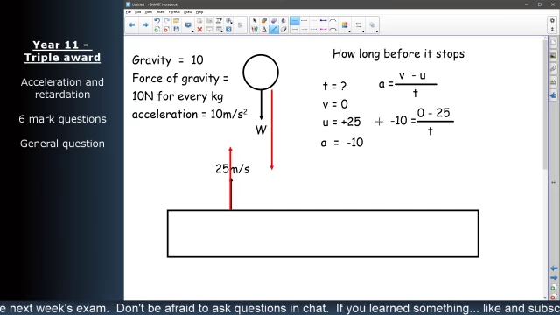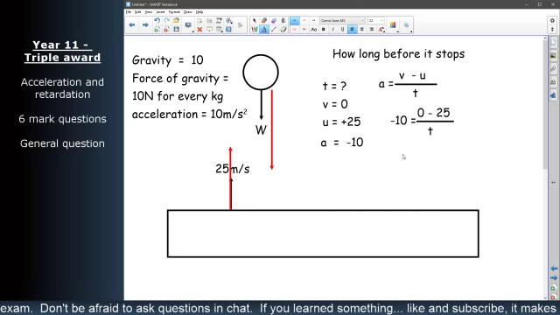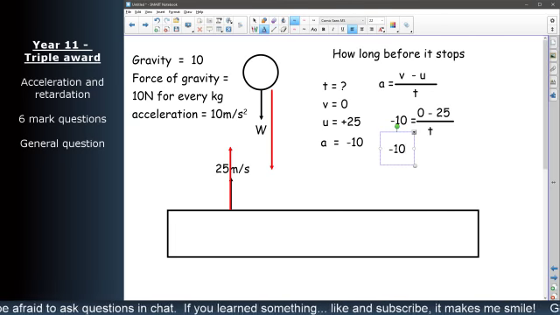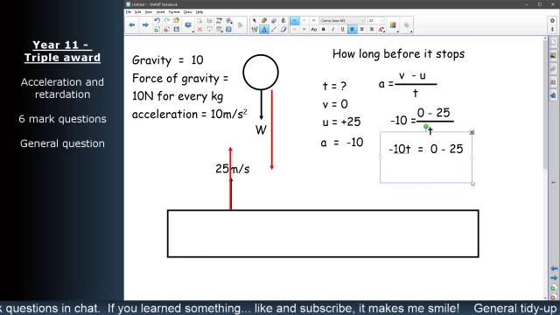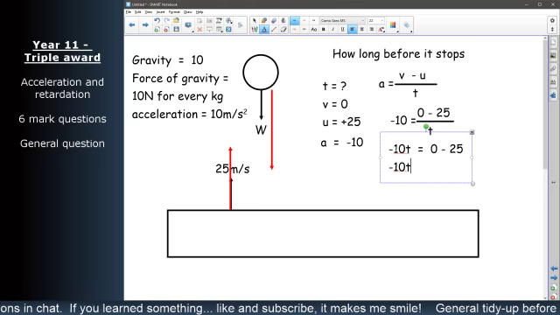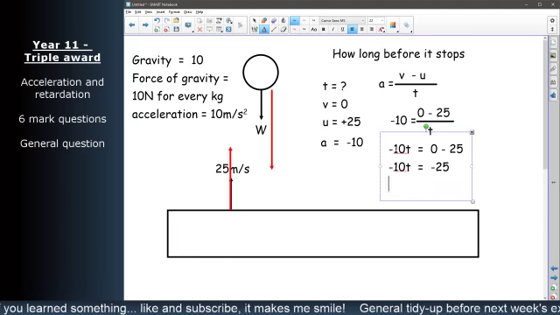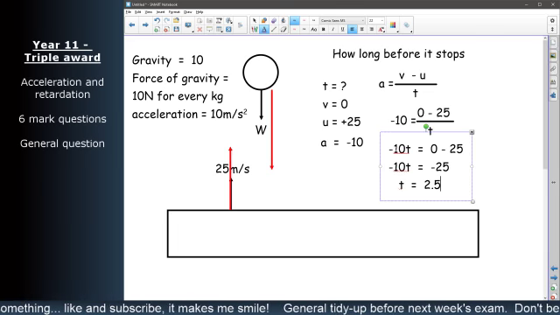We don't like the t on the bottom, so we multiply both sides of the equation by t, and that will give me minus 10t is equal to 0 take away 25. So minus 10t is equal to minus 25. Divide both sides by negative 10, and that gives you t equals 2.5.